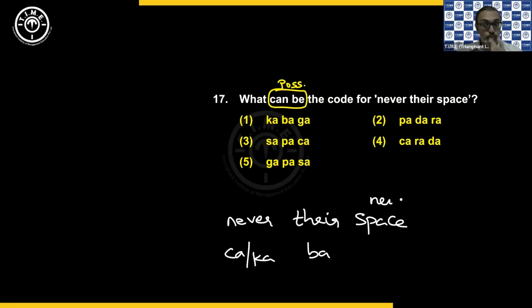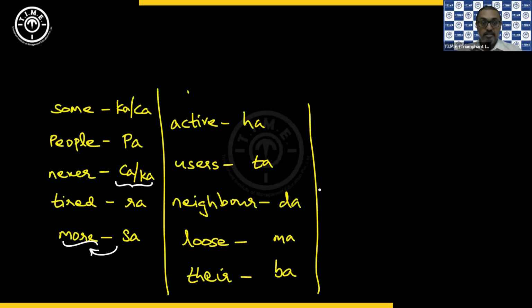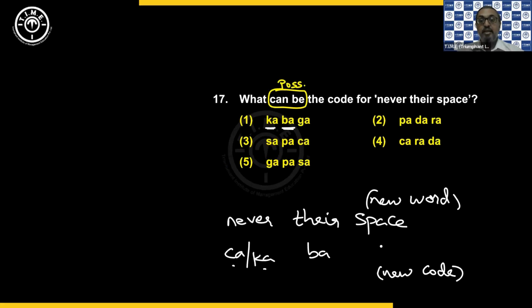Now this is a new word. Now because you have a new word, I will be needing a new code. I cannot take the existing code from the list. So one among CA or KA, but BA is compulsory. So BA is definitely there. KA is also there. GA. Can I take GA as the code from the first option? Do I have GA existing available? No, GA is not available. So I can definitely make use of GA. So the first option itself can be identified as the answer.